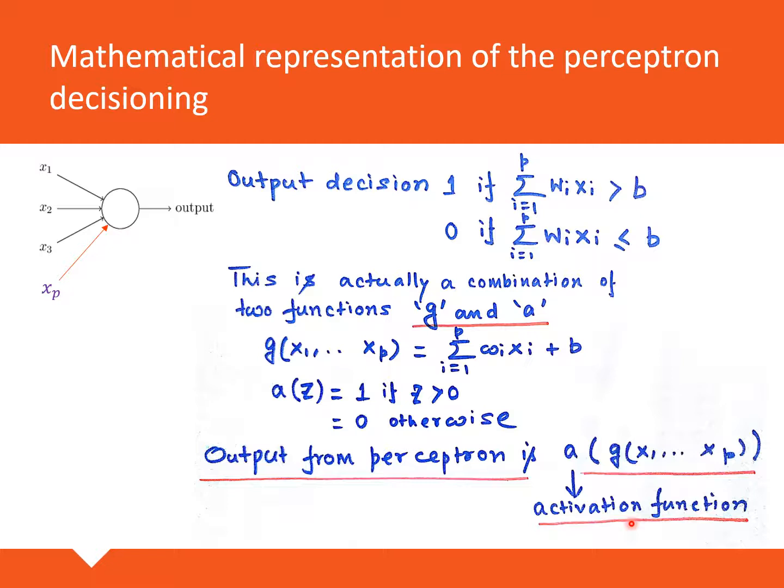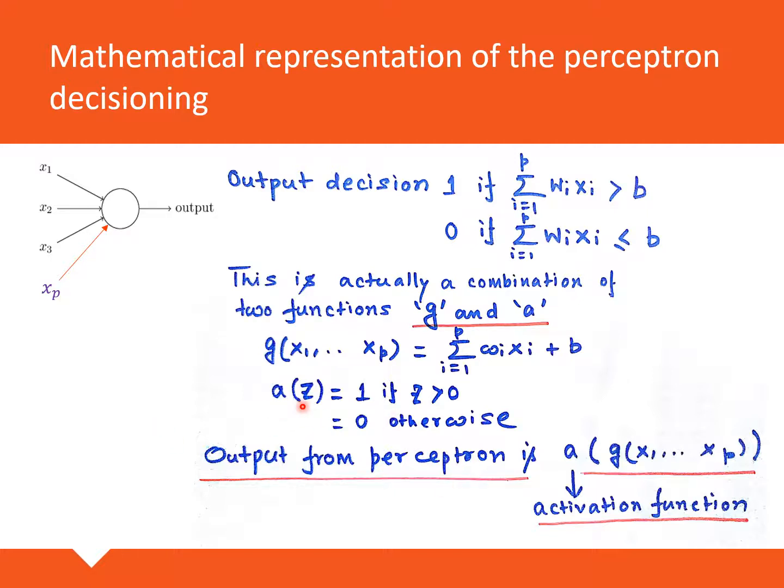And activation functions actually have a huge role to play as far as neural networks are concerned. And in the next video, or in the one after the next video, we will have a detailed discussion on activation functions. Because they're a very key concept of the neural networks, but here we are just introducing the concept of activation function.